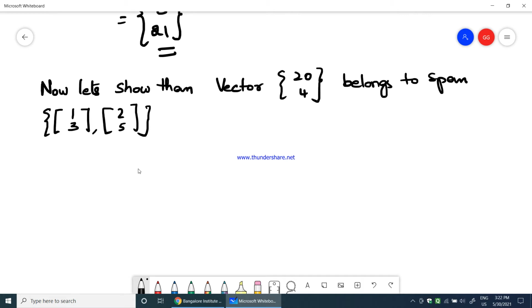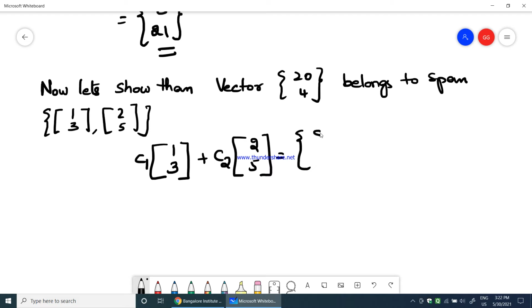For this, c1, the scalar, multiplied by (1, 3) plus c2 multiplied by (2, 5) should be equal to (20, 4). We need to find the values of c1 and c2.